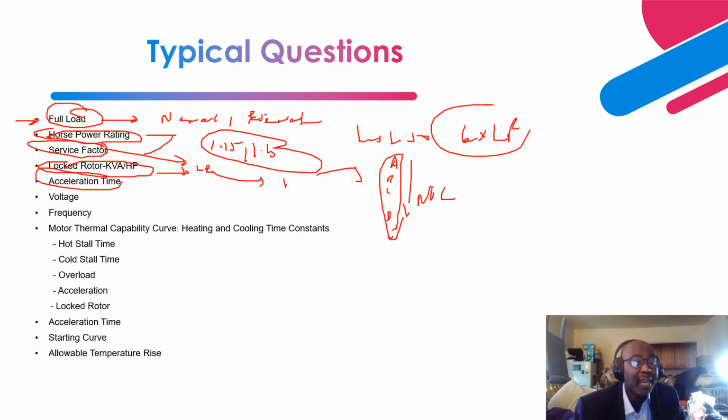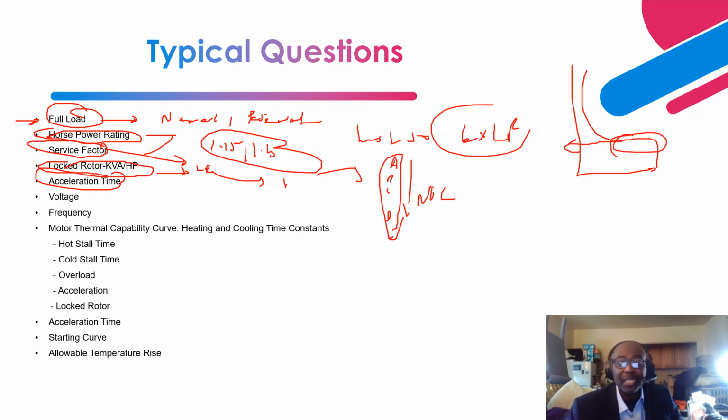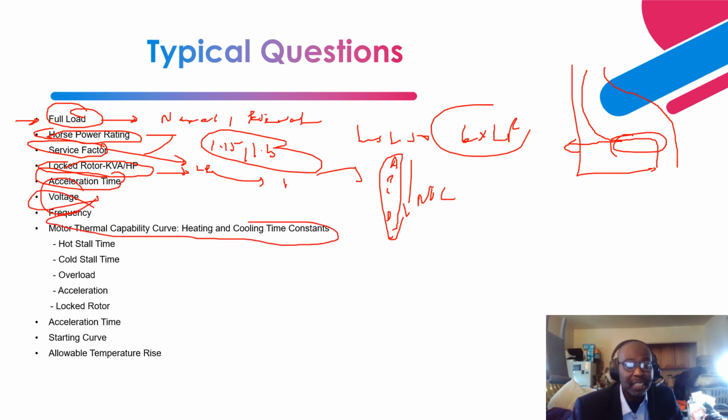Then the acceleration time. Basically, that allows the protection relay engineer to coordinate the setting of the acceleration of the motor with the thermal limits. Then the voltage, then the frequency, then the thermal capability curve, basically that provides the heating and the cooling constant.